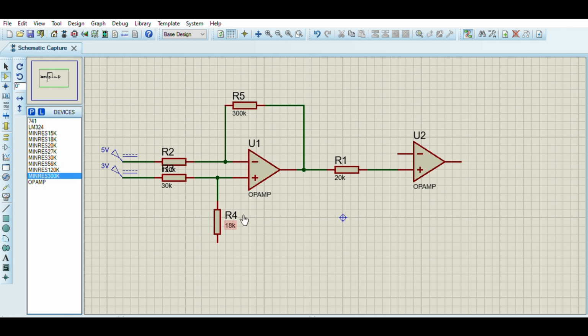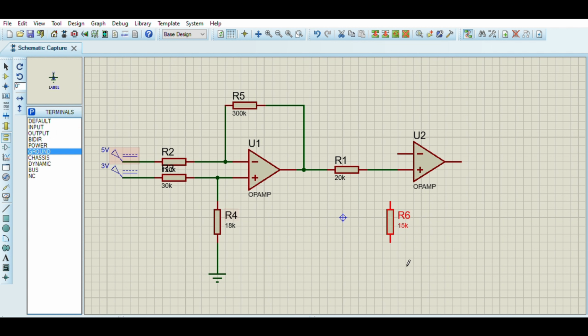The 18k resistor is connected with the ground, so we must place the ground below the resistor, and we must place the 15k resistor, and this resistor is also connected to the ground.